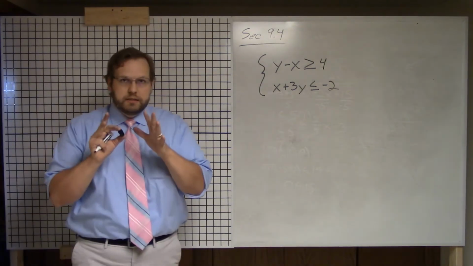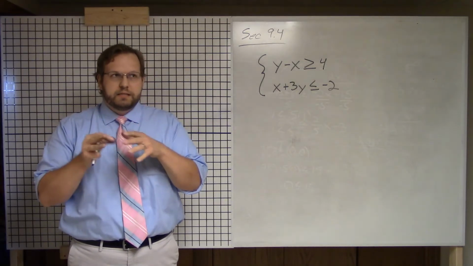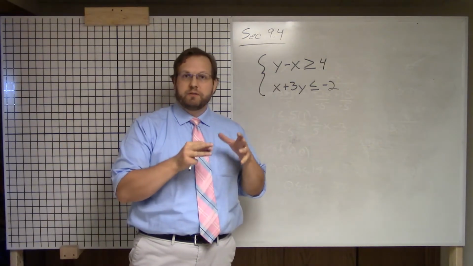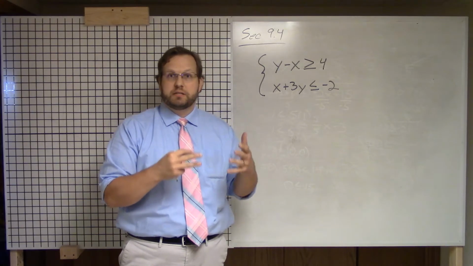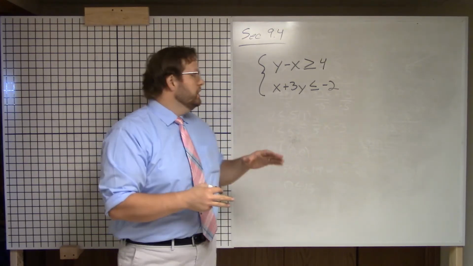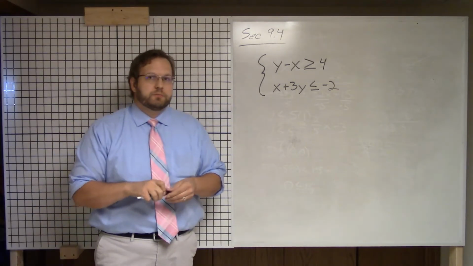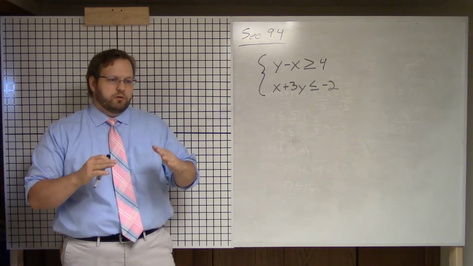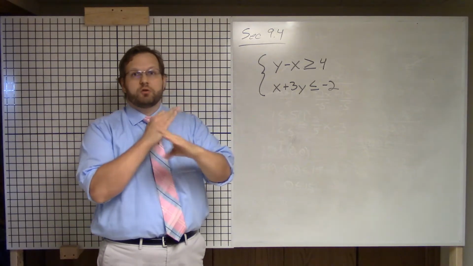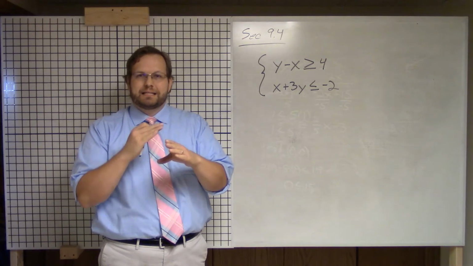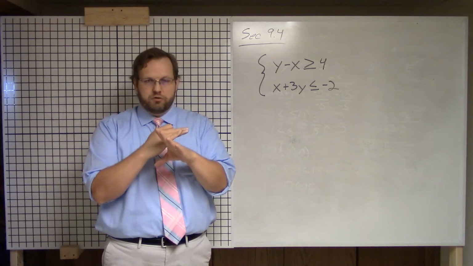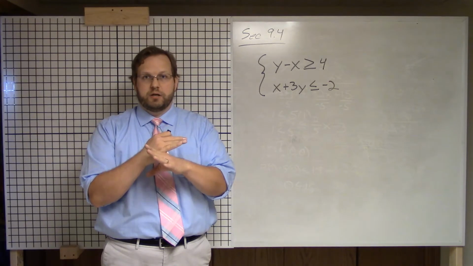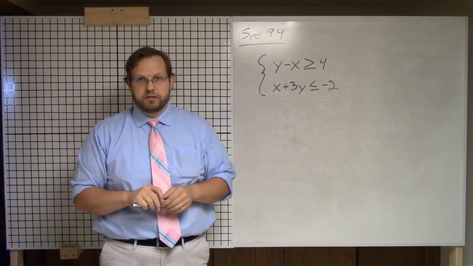Now, what this brings back is the system of equations discussion that was taking place in Chapter 4. Okay, now when we dealt with systems of equations in Chapter 4, we always talked about, okay, we're graphing lines, where are they going to cross? In this case, it's not the lines where the lines are crossing, it's where the shading is crossing that we're going to pay the most attention to.